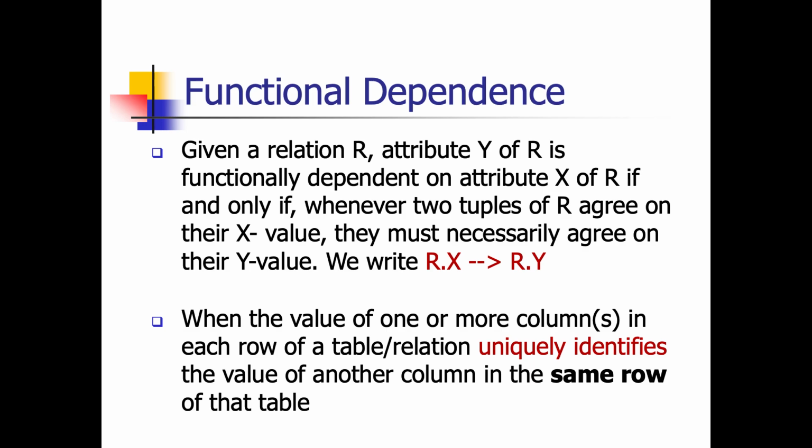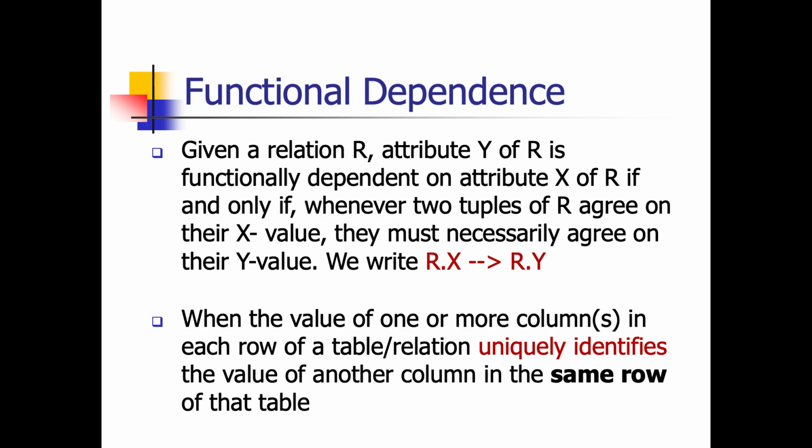Now, we said we have a full key dependency if a column depends on the whole primary key, whether it is a single primary key or the whole composite primary key. And it is a partial dependency if there is a column, for example course name, that depends only on part of your primary key. Here, course name only depends on course ID, right? Does course name depend on student ID? No, because the same student ID can have different courses, so they are not dependent on each other.